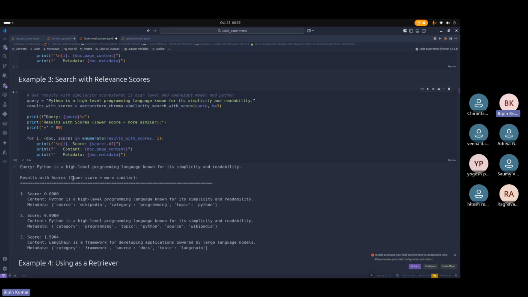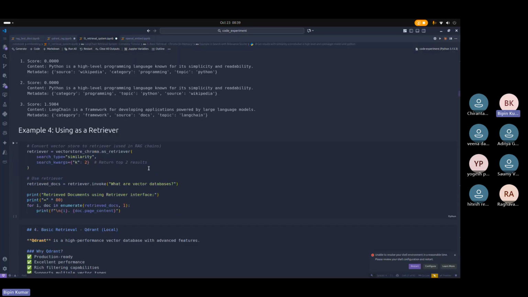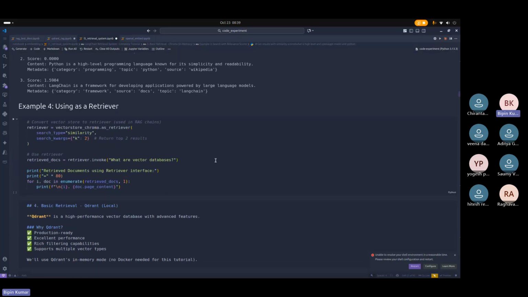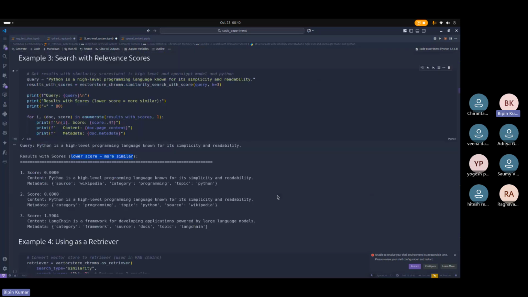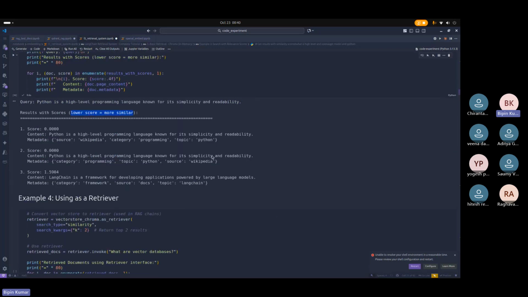If you see here also, lower score, more similar. In cosine similarity, higher score, more similar. So this is how we are basically getting the answer based on query with the help of cosine similarity.